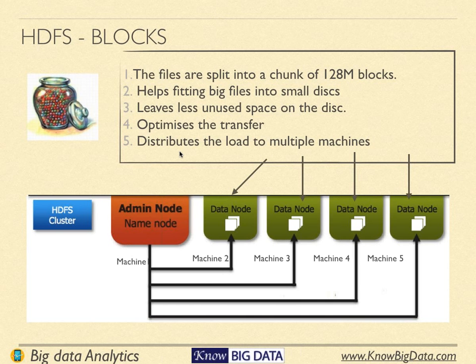Now why do we need blocks? Why did we cut the files into blocks? I'll come back to the question of who cuts these blocks and how it happens. What's the point of cutting the file into blocks? Instead of storing the whole movie in one node, we are cutting the movie into parts, maybe 8 parts. 128 MB times 8 is one gigabyte, so if a movie is 1 gigabyte, there will be 8 parts to it.